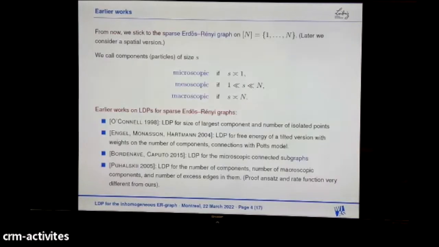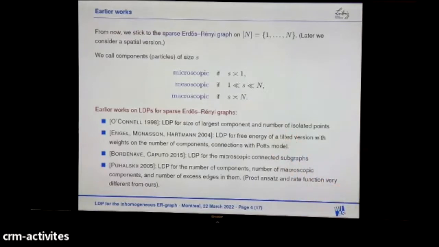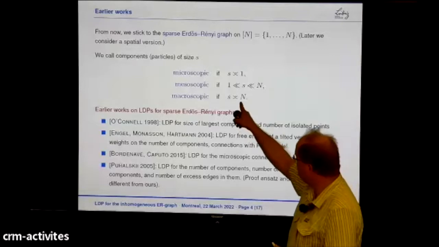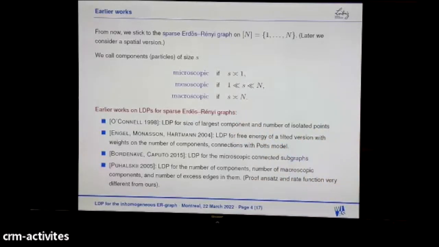The graph is always on the index set 1, 2, 3, 4, 5, up to n. Later we look at the spatial version. I introduced the notion of microscopic, mesoscopic, and macroscopic sizes. Microscopic is everything that is of finite order and does not depend on n. Macroscopic is something which is of order n, and mesoscopic is something in between, depending on n and going to infinity, but being much smaller than n.